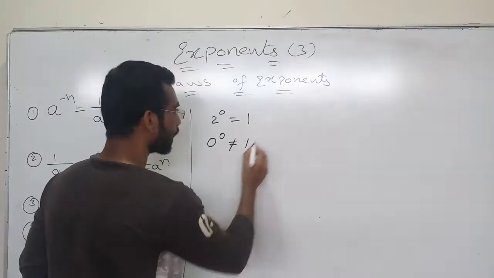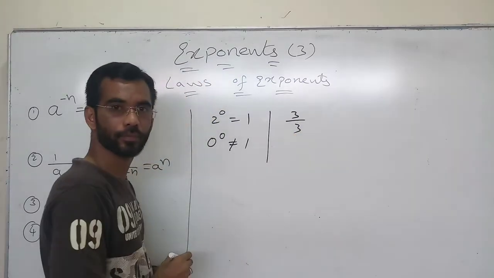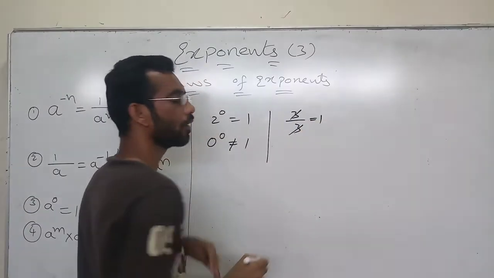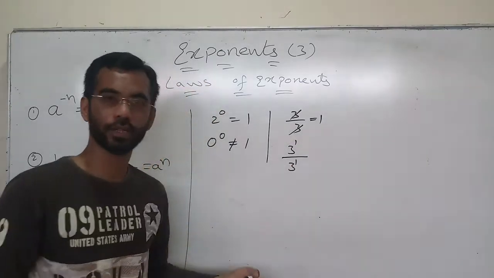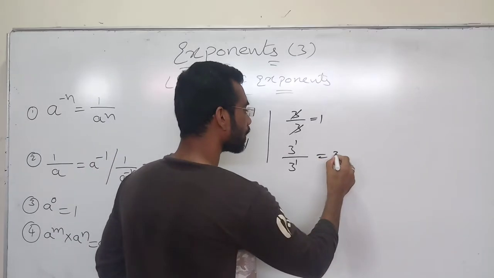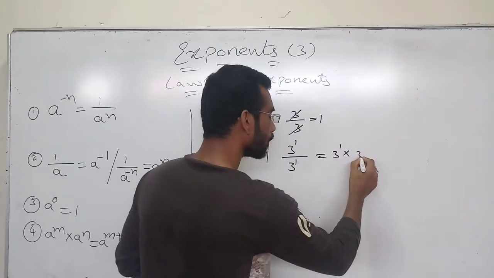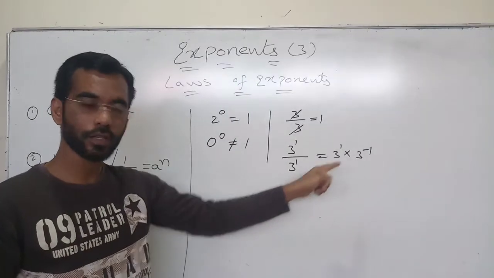How does it work? Example, if you take 3 by 3, how much is it? They cancel, it will be 1. Now 3 power of 1 is 3. If nothing remains, it will be a power. So how can we write 3 power of 1 in the denominator? Take the 3 to the numerator: 3 power of minus 1. Why minus? Because it is in the denominator.